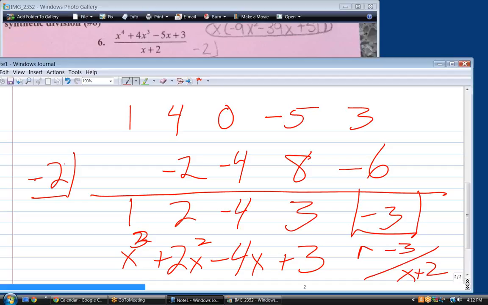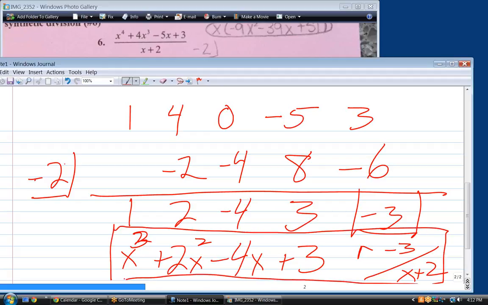So if I had to divide that into that by long division, I would have gotten this answer. In other words, after you do synthetic division, what you're left with below the line is the quotient.